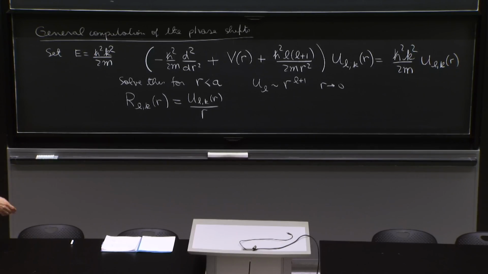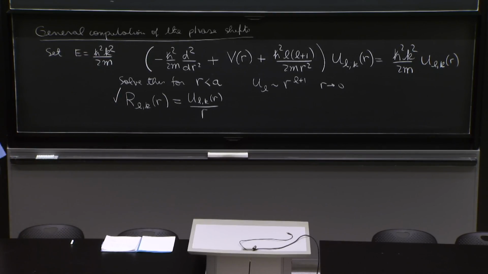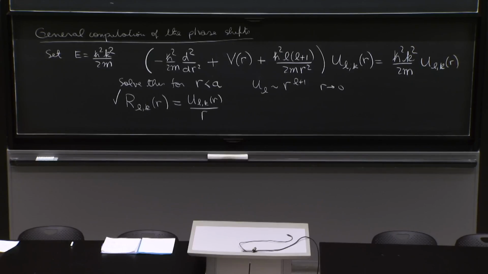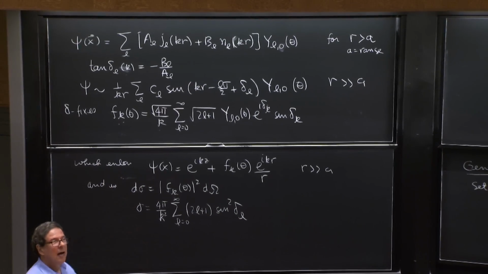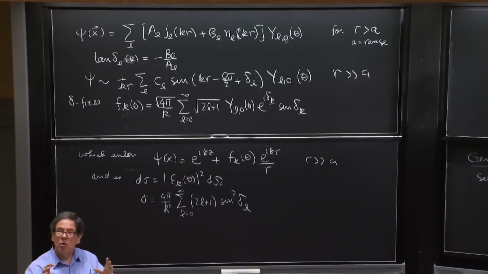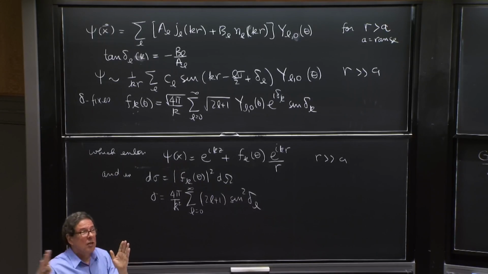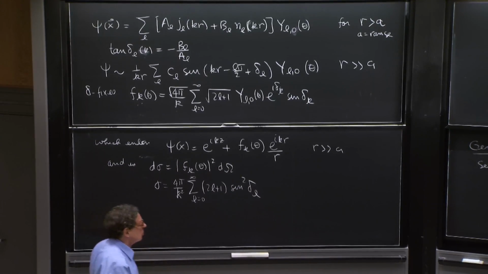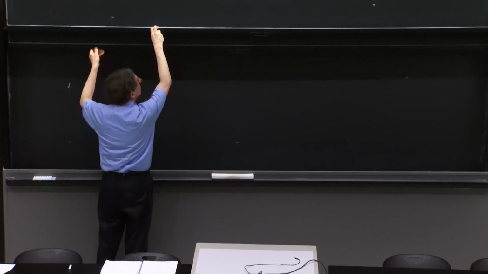OK, so you've solved it. You got this quantity. And you say, all right, what do I do next? Well, what you have to do next is to match to these solutions that lie outside. There are these solutions that hold for r greater than a, where the potential is 0. So those have to be matched to this solution. So let me draw a little diagram here.